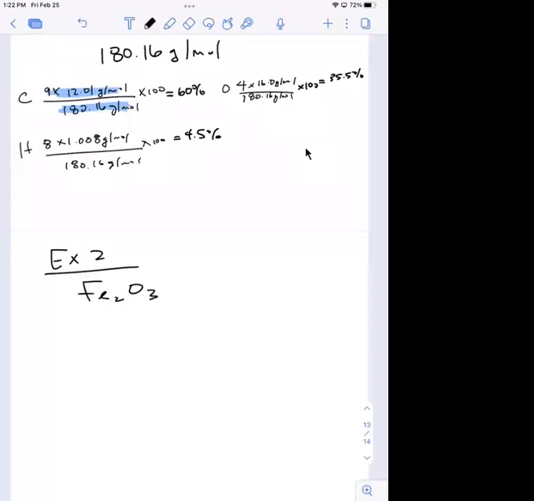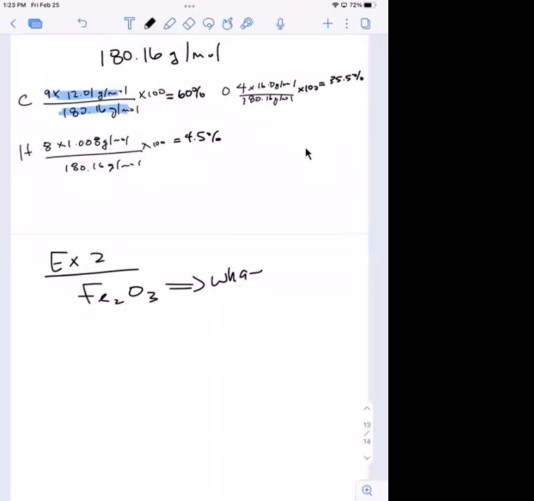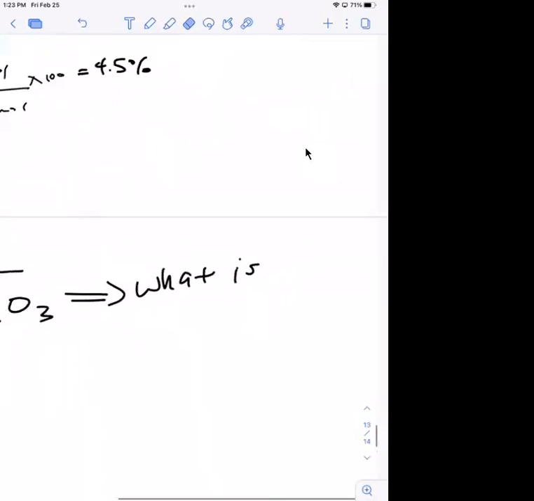So what's the first thing we need to do if we want to find out the percent composition? It's the part over the whole times 100, right?